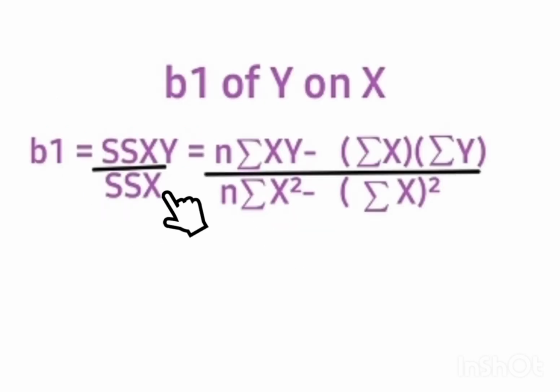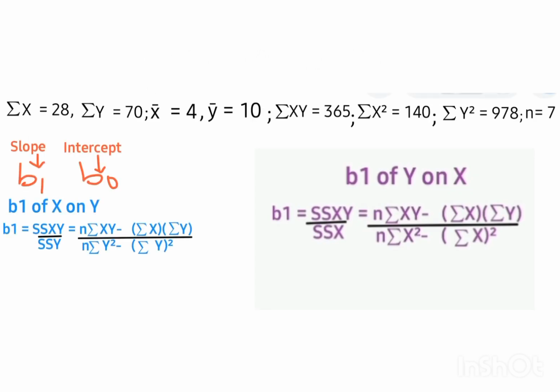On the other hand, for b1 of y on x, the sum of squares xy equals n times summation xy minus summation x times summation y, while sum of squares x equals n times summation x square minus summation x all square. We're going to substitute all these values we've gotten so far into the formula, and here we go now.